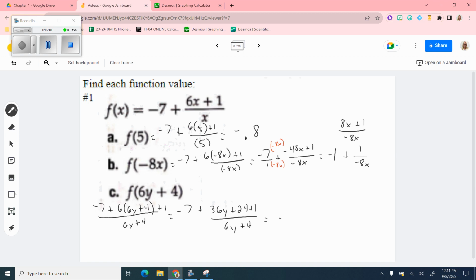And then we can just leave that negative 7 out here, plus 36y plus 25 over 6y plus 4 with that one.